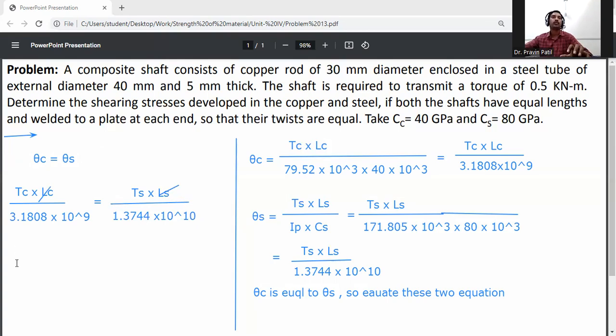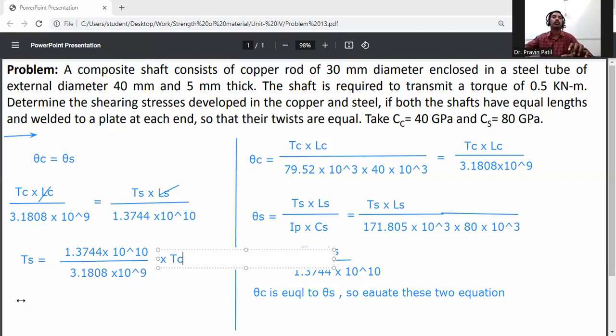So TS is equal to 1.3744 into 10 raised to the power 10 divided by 3.1808 into 10 raised to the power 9 into TC.